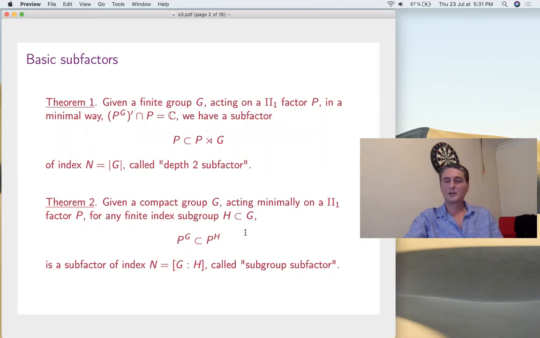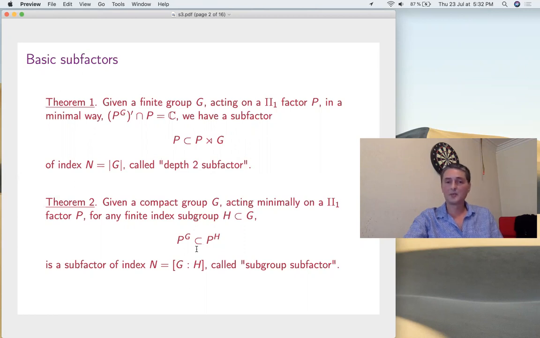So that's the terminology which is used by everyone. Now another example, this time using fixed points instead of cross products, is given by subfactors like this, P^G in P^H. It goes in the other sense: you need to take a subgroup H of a group G, and you can take them compact. I mean, there is no need for them to be finite. As long as the index is finite, let's call it n, this is going to be a subfactor of index n.